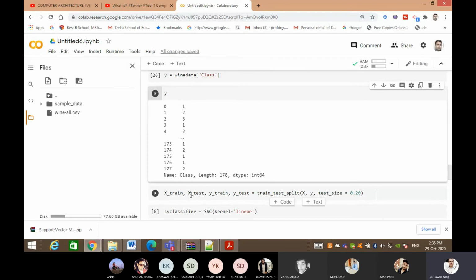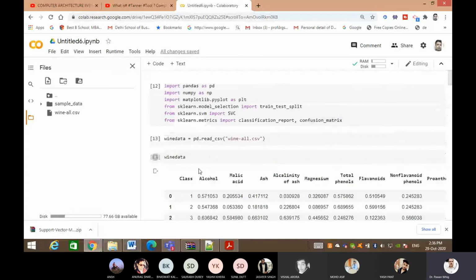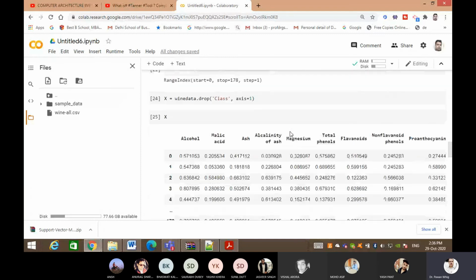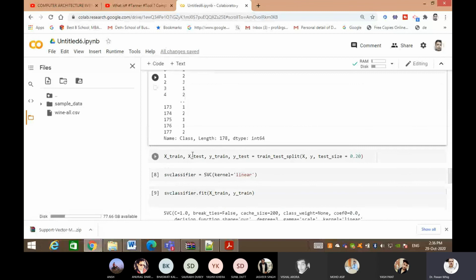I'm not calling the library again here, because I am already using sklearn's train_test_split. Sometimes we use this command earlier, sometimes here, so you need not worry. You have to call it once, either at the top or here.